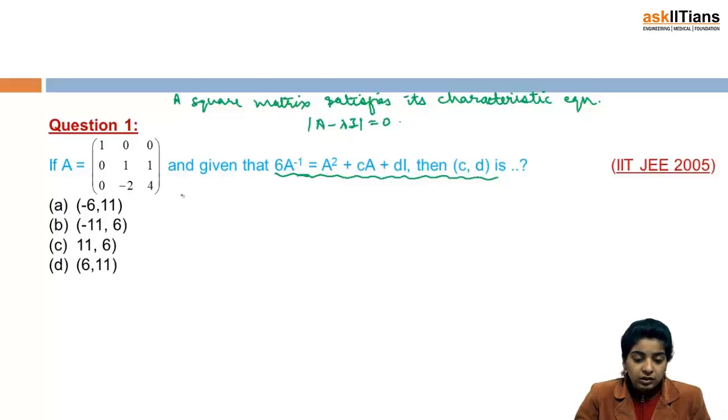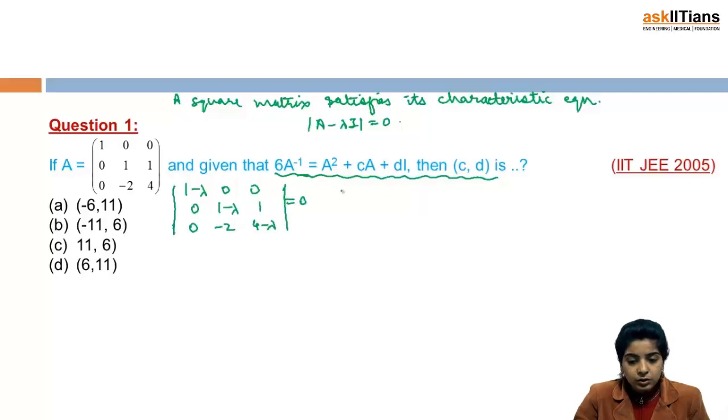So in this case, A minus lambda I means this, so this will give me this. So I have this equal to 0, which will imply (1 minus lambda)(1 minus lambda)(4 minus lambda) plus 2 is equal to 0.